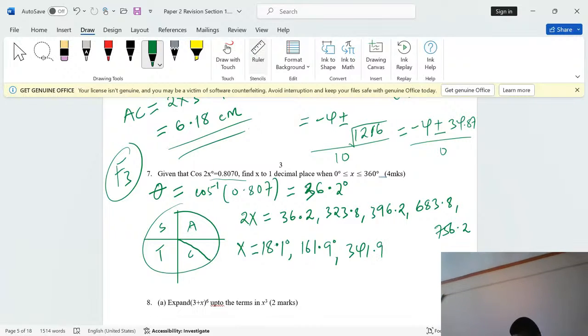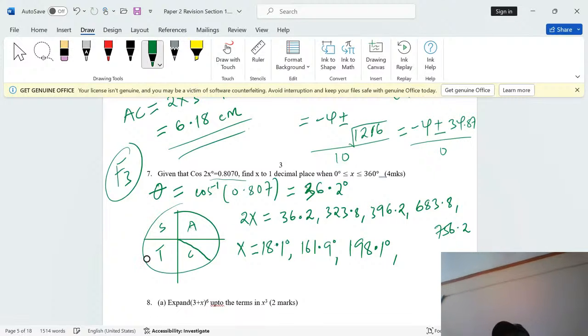Okay, before that there is 198.1 when 396.2 is divided by 2, we get 198.1 degrees.